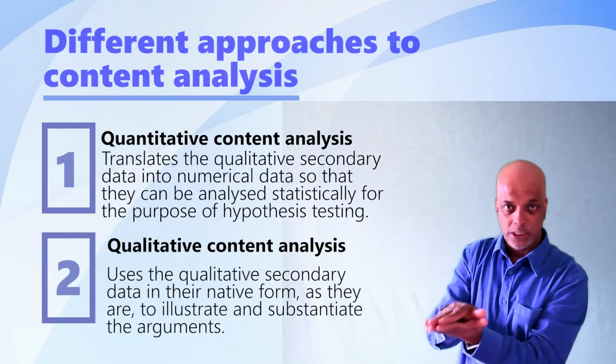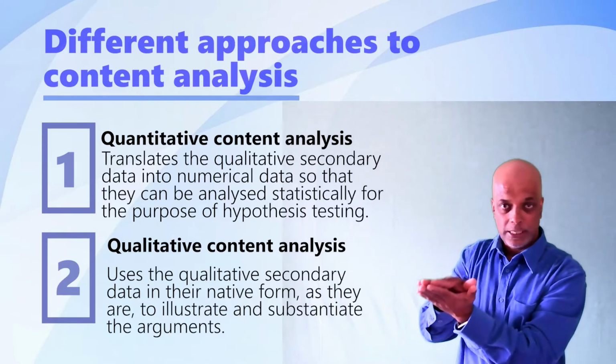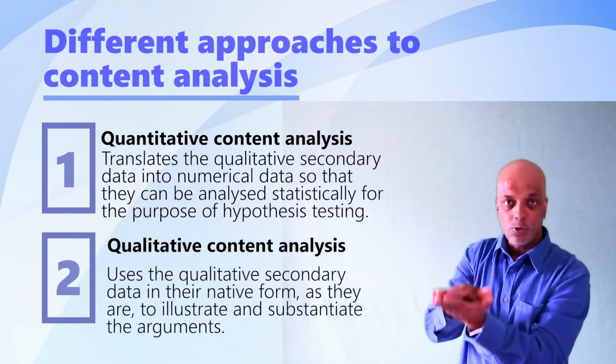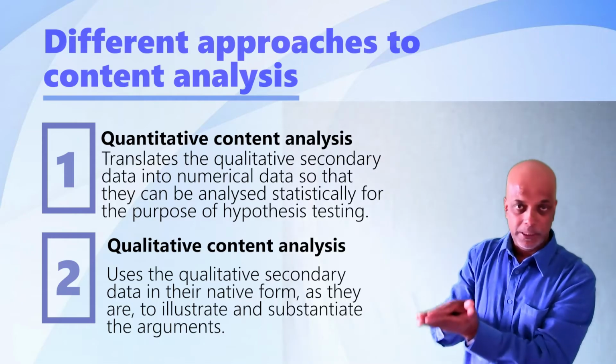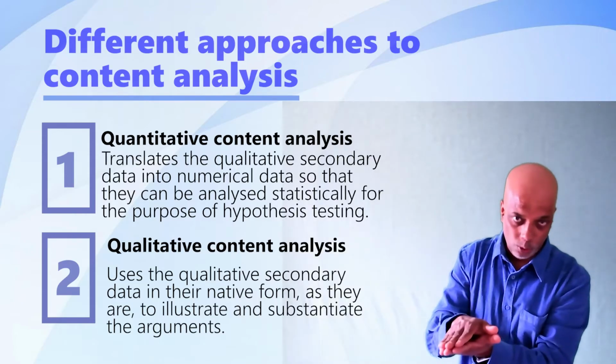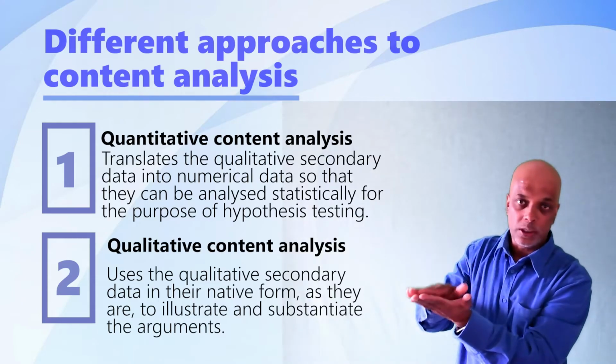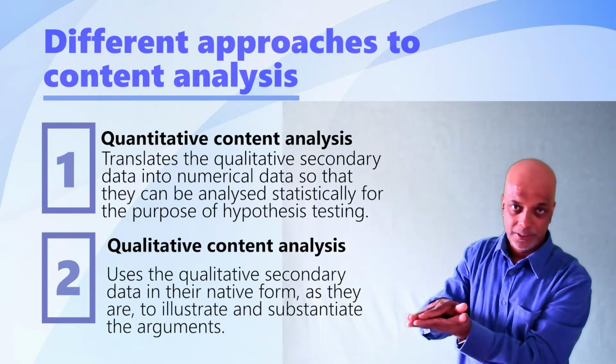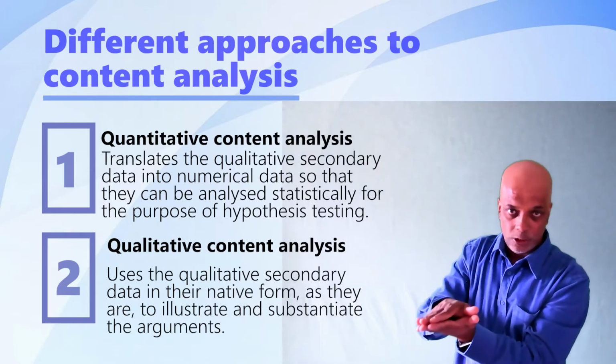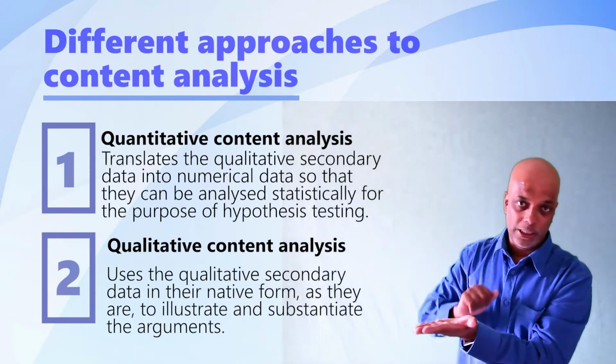So if you are using such qualitative secondary data in their native form, as words, pictures, images, paragraphs, and so on, then you are doing a qualitative content analysis. So still, the data is qualitative and analysis is also qualitative.